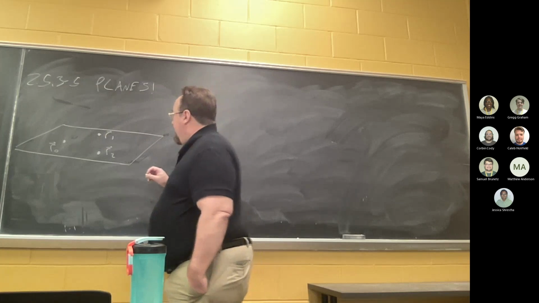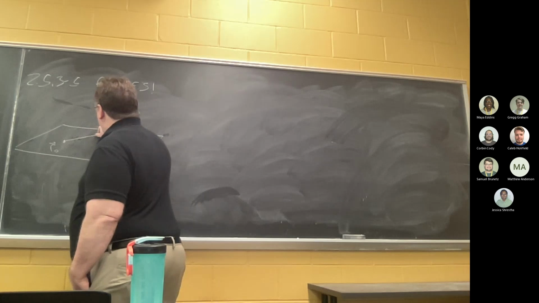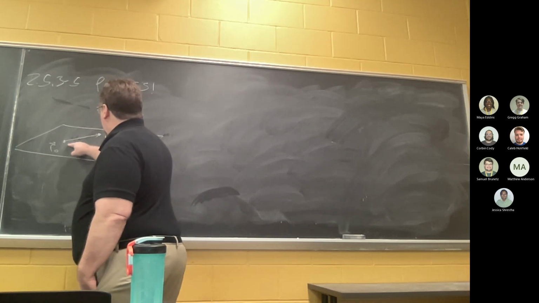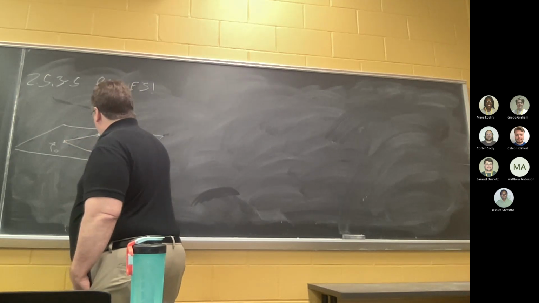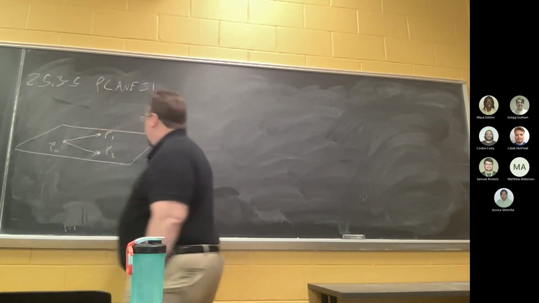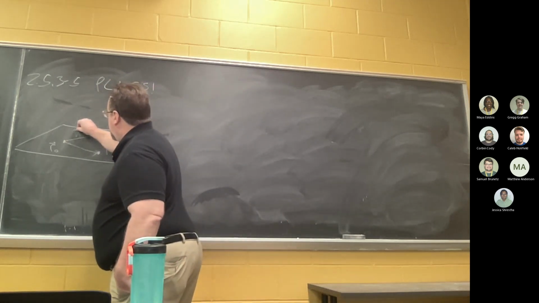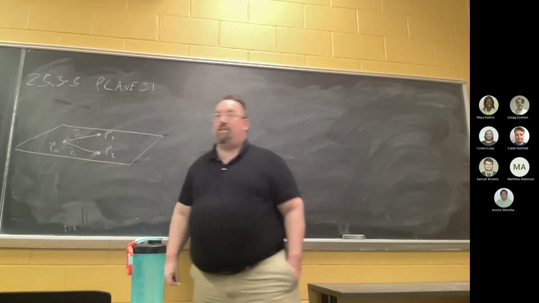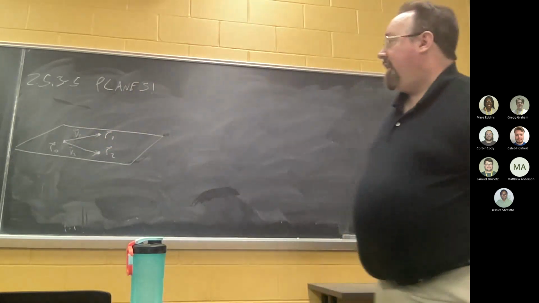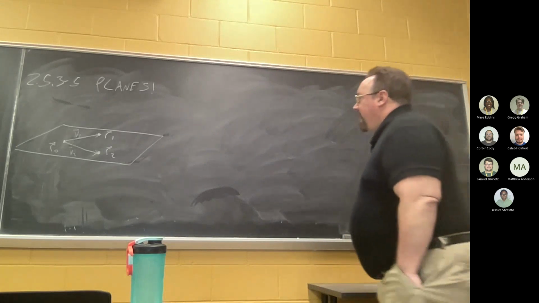And then we find vectors coming from R0 as the common initial point, and then we have terminal points R1 and R2. We're going to call these vectors V1 and V2. So these are 2 directions that are contained within this plane.